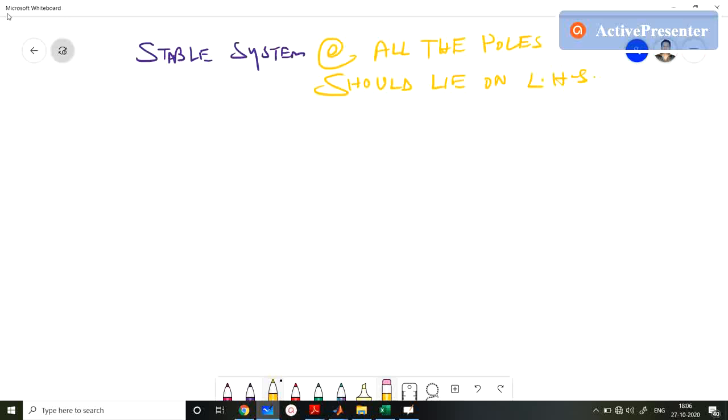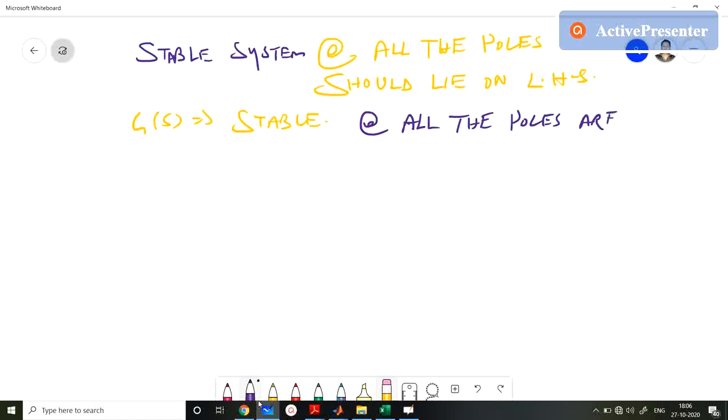If any pole is on the right half, then the system will become unstable. Now G(s) is stable, that is given in the question, so it means all the poles exist in the left half only.